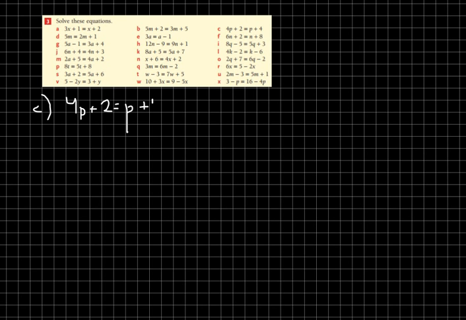Okay, what is the first thing we have to do? We must first leave the prenumerals on only one side of the equation. But for that, we must remember that every time we change a term from one side of the equation to another, we must change what it's doing there. For instance, we have the 4p, and on this side I'm going to leave all the prenumerals.